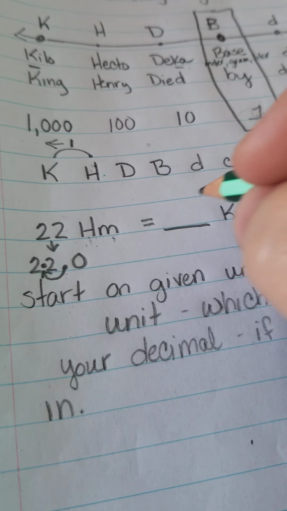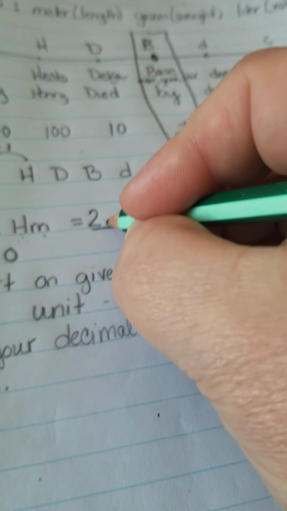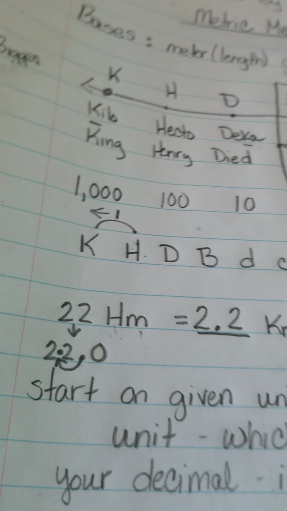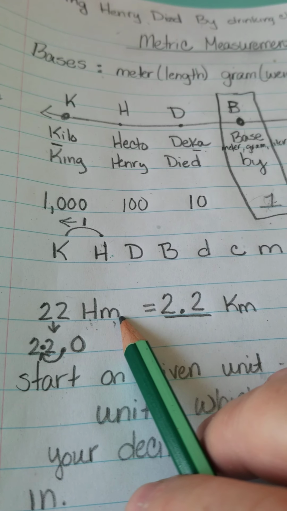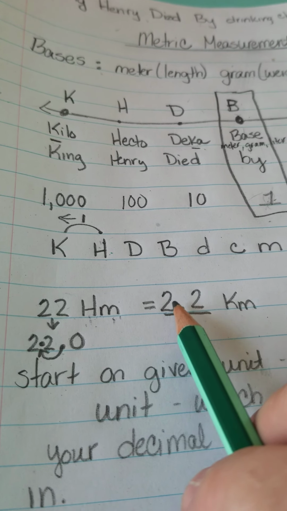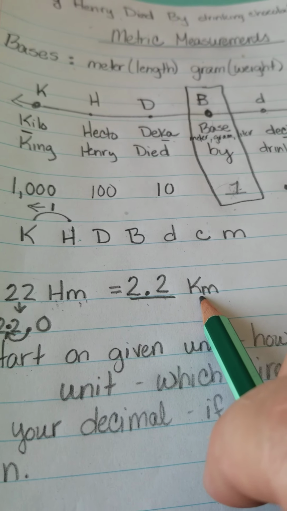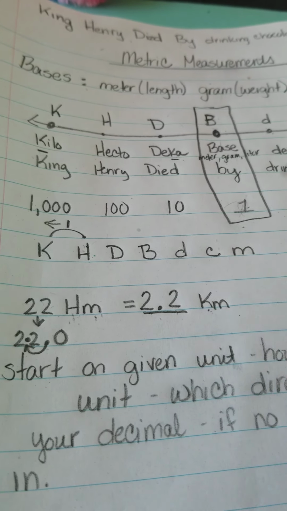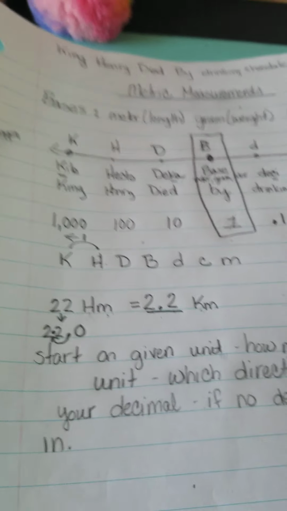Which means my answer is going to be 2 decimal point 2, or 2 2/10. So 22 hectometers is equal to 2 decimal point 2 kilometers, however you'd like to say it. Not too bad, right? Let's try another one.